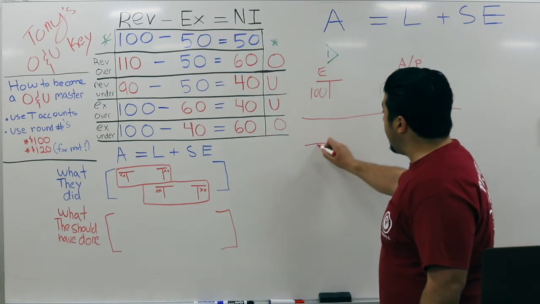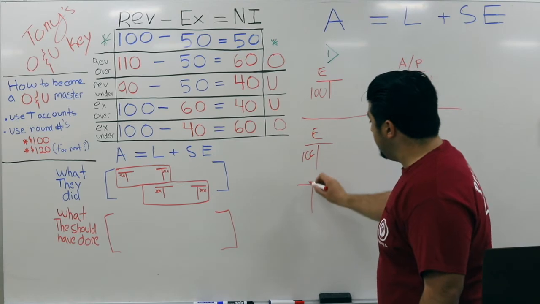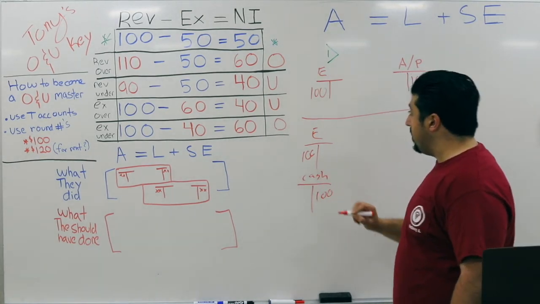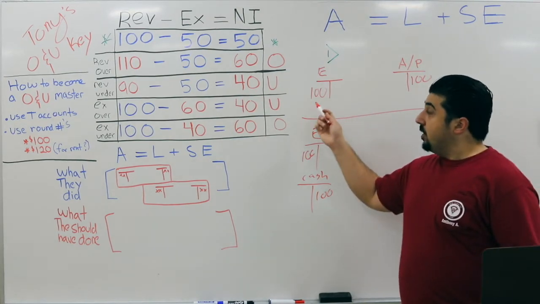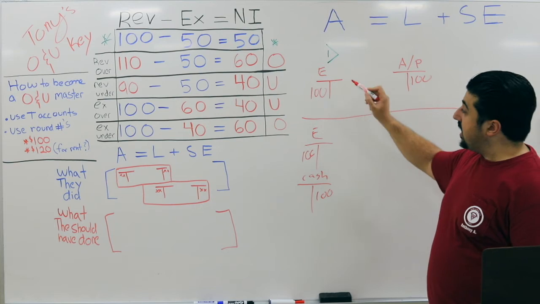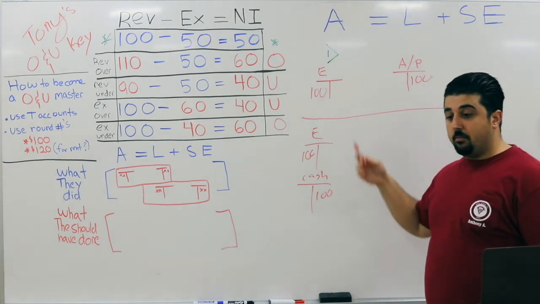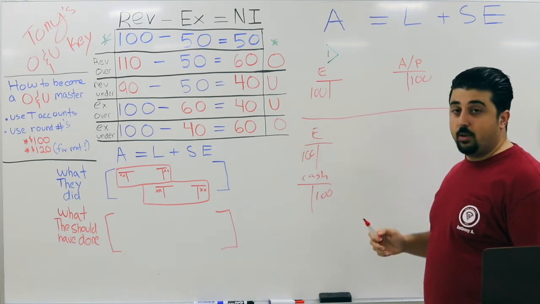So they purchased it with cash. So equipment, 100, and cash should have been reduced by 100. So what they recorded says that they just got equipment and they bought it off on a credit card, for example. So their assets increased.